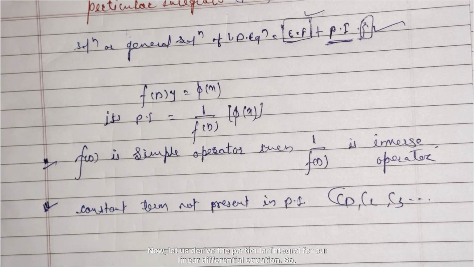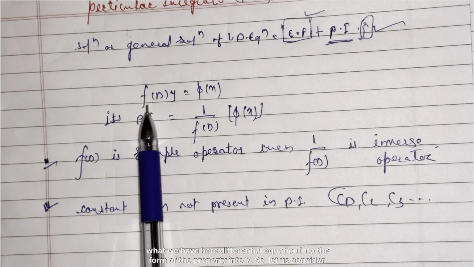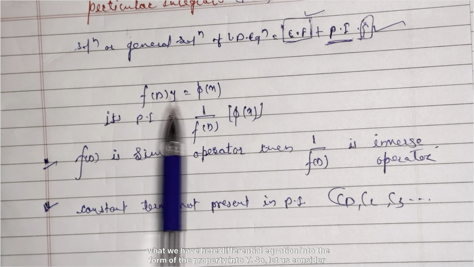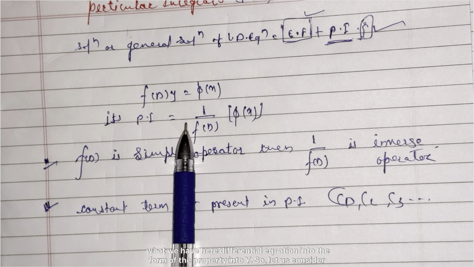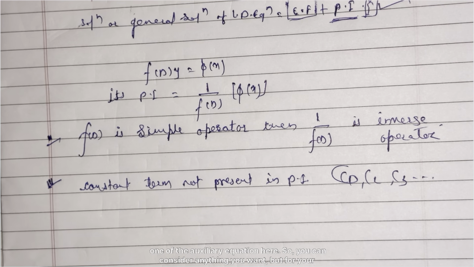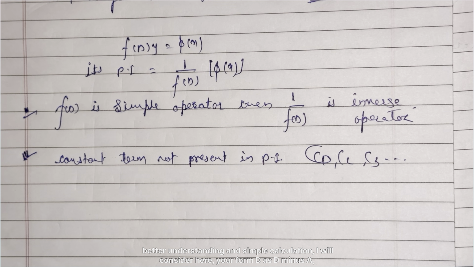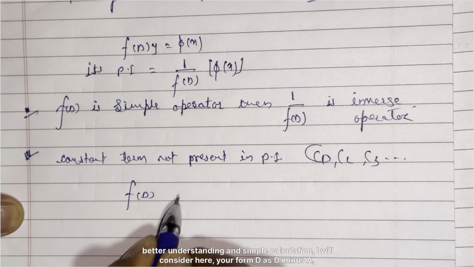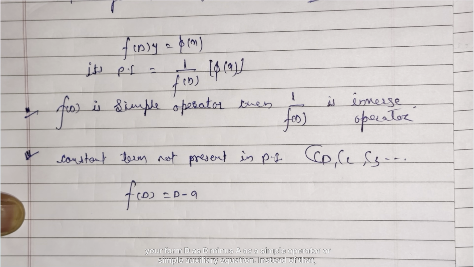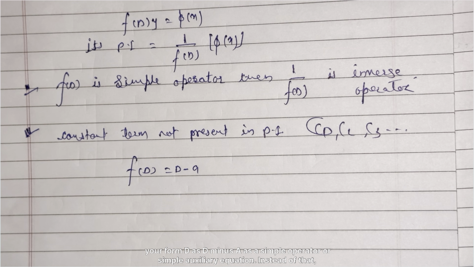Now let's derive the particular integral for our linear differential equation, of the form f(D)y. Let's consider an auxiliary equation. You can consider anything you want, but for better understanding and simple calculation, I will consider f(D) as D minus a, a simple auxiliary equation.